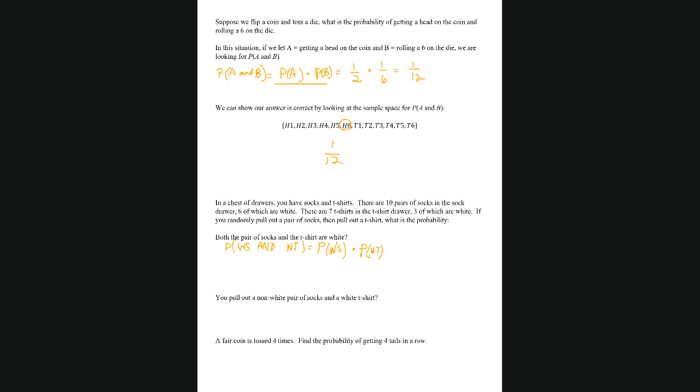So what's the probability of getting white socks? Well, how many socks are there total? There are 10 pairs, and 6 are white. So the probability of pulling out white socks is 6/10.